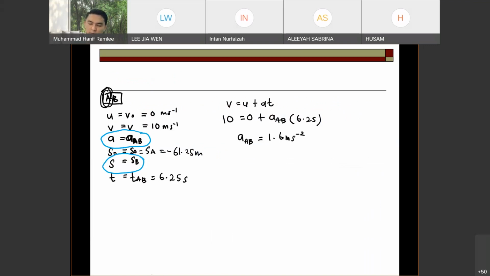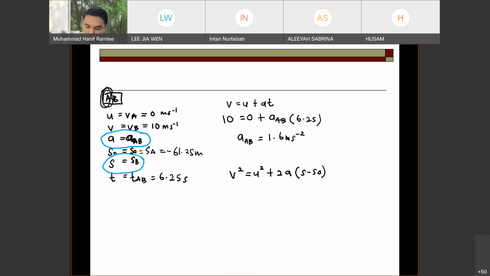Okay, so again, the second equation will be used to get SB. S minus S naught. So V is the final one, U is the initial one. Maybe I can put it like this.